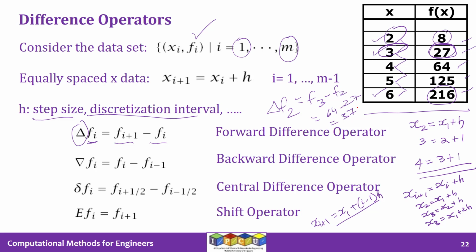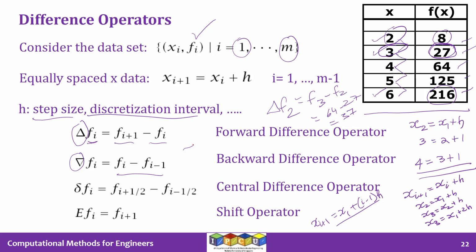The backward difference operator is denoted by this inverted triangle. And the backward difference operator produces this on the right hand side. So if I apply the backward difference operator, the inverted delta, on fi, I will get fi minus f(i-1).